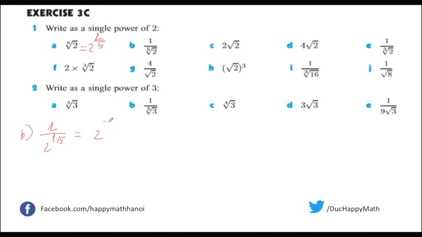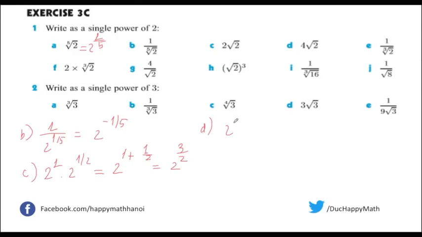This means 2 to the power of negative 1 over 5. Exercise C, you have 2 to the power of 1 times the square root of 2. Square root of 2 means 2 to the power of 1 half. And it means you have to add the power numbers together and 2 to the power of 3 over 2.